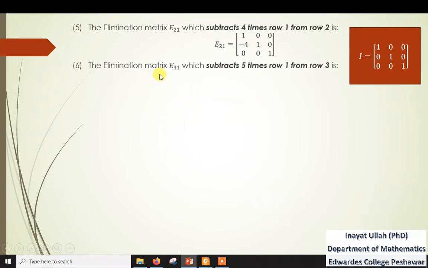Similarly, the elimination matrix E31, which subtracts 5 times row 1 from row 3. You could also use 6 times row 1; that is actually just an example.